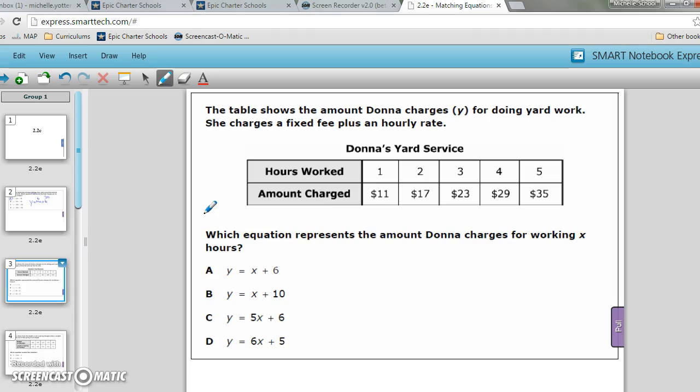Okay, the next one shows Donna's charging for yard work. She charges a fixed fee plus an hourly rate. Which equation represents the amount Donna charges for working X hours? Well, we don't know her fixed fee, but the hourly rate we can see. So let's find the slope. What is it changing by?